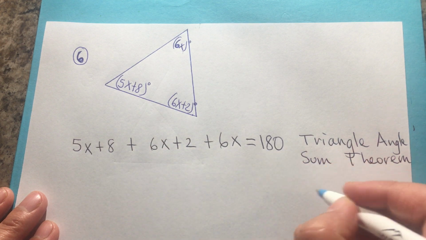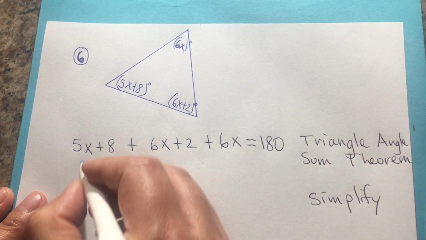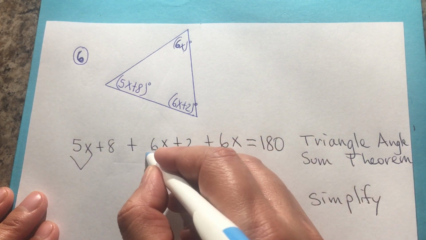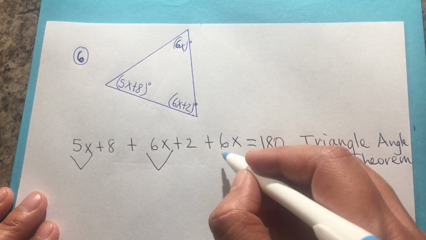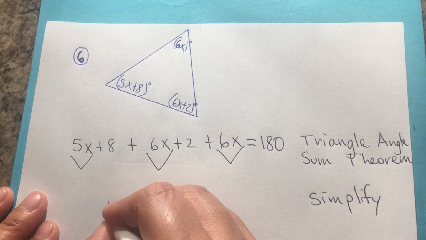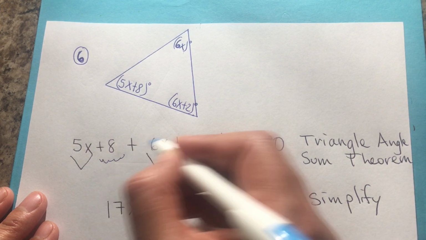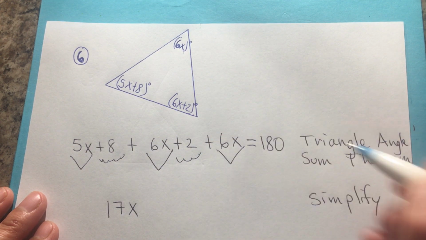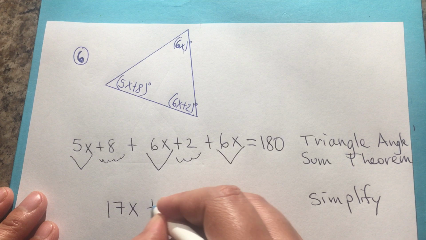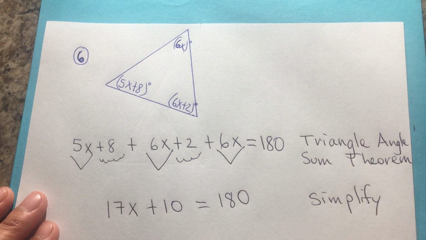We combine like terms or simplify, and so we get 5x plus 6x plus 6x, that's 17x. And then we have 8 plus 2, that's equal to 10, equals 180.